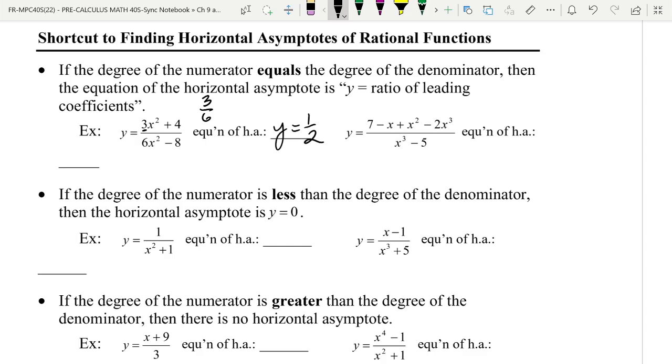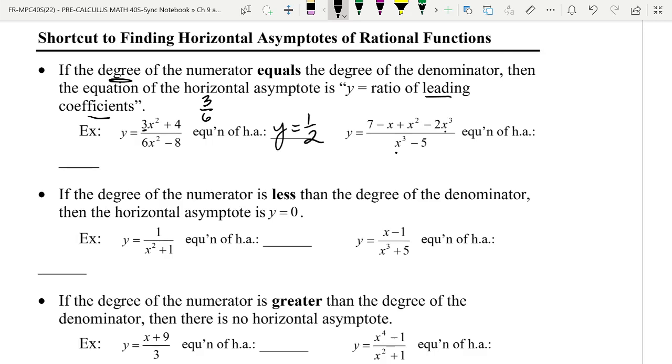Now you have to be careful with this rule. Like every rule, no matter how well you memorize it, if you apply it incorrectly, it doesn't work. A lot of people go, oh, that's easy, take the first thing and the first thing and divide them, so that's 7 over 1, my asymptote's 7. No, it isn't. It's the leading coefficient of the degree that's the highest. This is degree 3, this is degree 3.